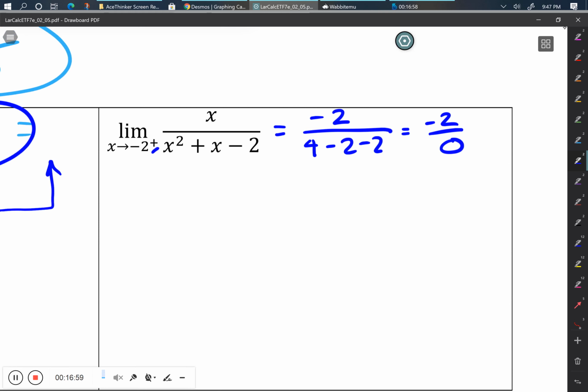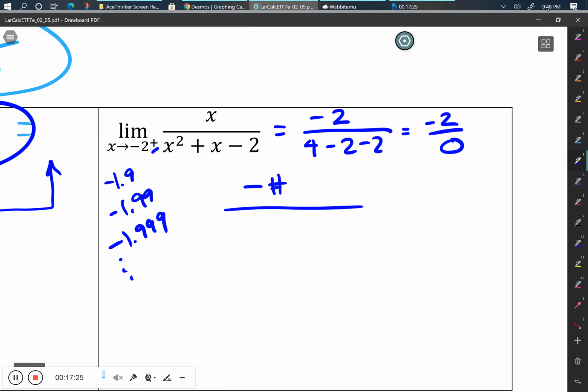Well, that means we're looking at numbers slightly larger than negative 2. So let's see, negative 1.9, negative 1.99, negative 1.999, and so on. Right? So the numerator is going to be a negative number.